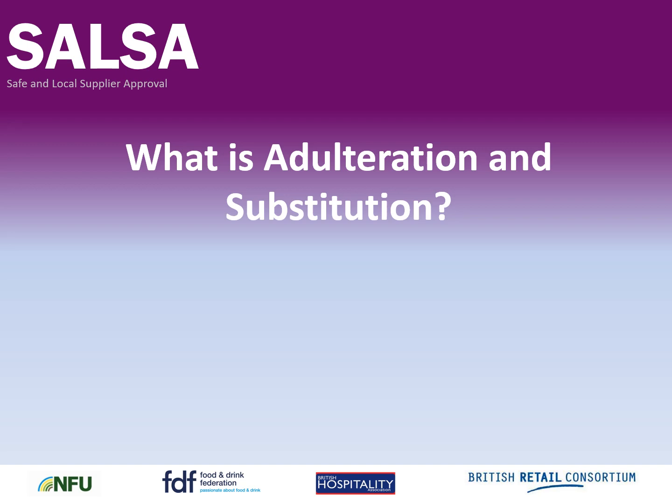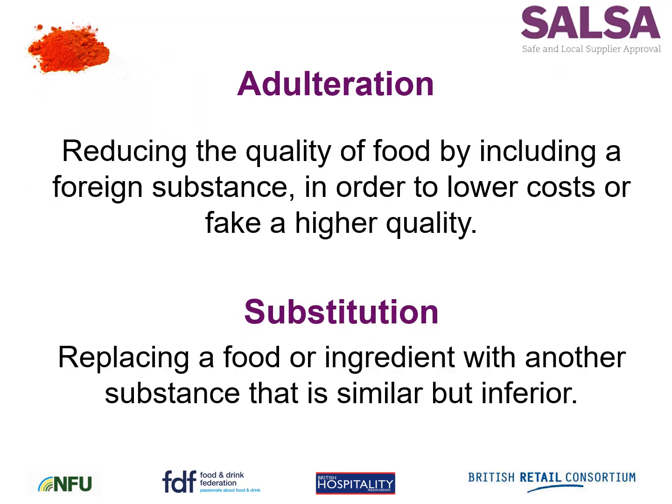The new clause asks you to look at the risks associated with your raw materials, specifically in regards to adulteration and substitution. So let's look at the definitions of adulteration and substitution in closer detail. These are both definitions from the UK's Food Crime Unit. Adulteration: reducing the quality of a food by including a foreign substance in order to lower costs or fake a higher quality.